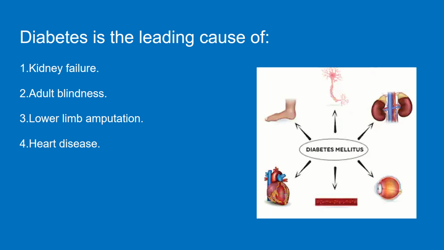Lower limb amputation. Excess glucose in blood will cause the bacteria to multiply in it, and any infection or wound will not heal quickly, resulting, for example, in lower limb amputation or cutting or removing the infected part of the body.